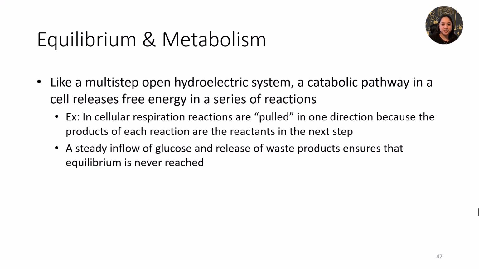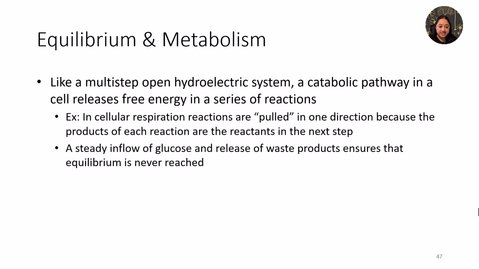We keep saying that it's just one, cellular respiration, but it's actually a bunch of different reactions. So in cellular respiration, all those reactions are pulled in one direction because the products of one reaction are actually the reactants in the next step. So as one reaction happens, it's kind of pushing forward the next reaction by having the stuff for that reaction there.